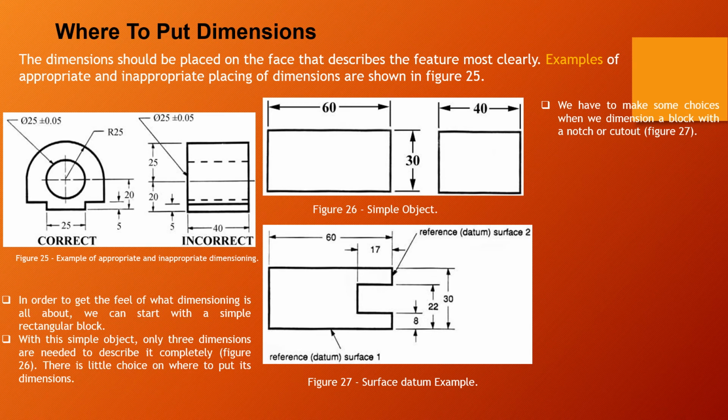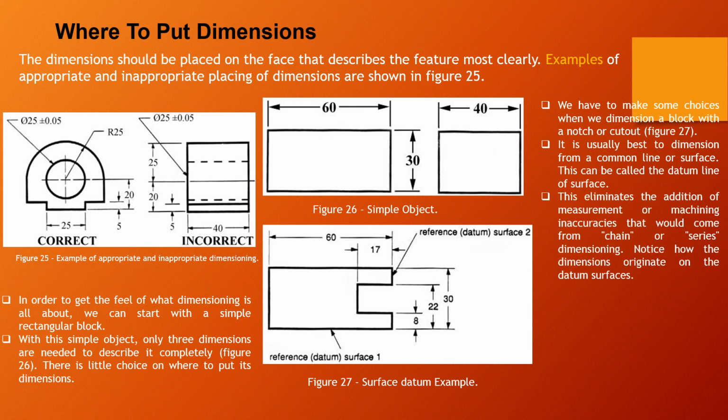We have to make some choices when we dimension a block with a notch cut out, in figure 27. You can see it. It is usually best to dimension from a common line or surface. This can be called the datum line or surface.